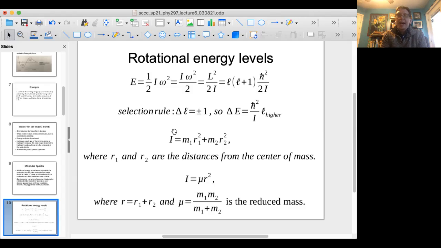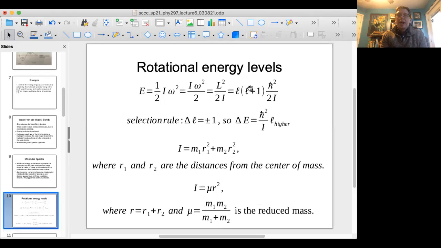Again, the angular momentum of the atoms in a molecule as they rotate is quantized just the way the angular momentum of an electron is quantized. So you have L times L plus 1 times h bar squared divided by 2I.